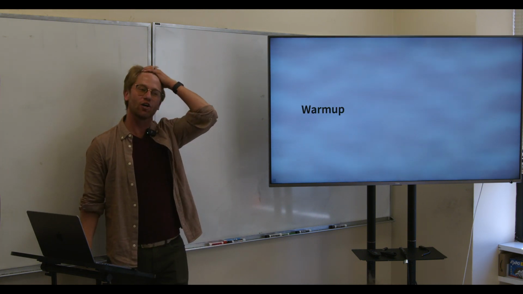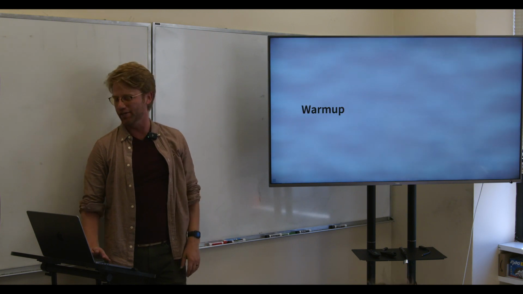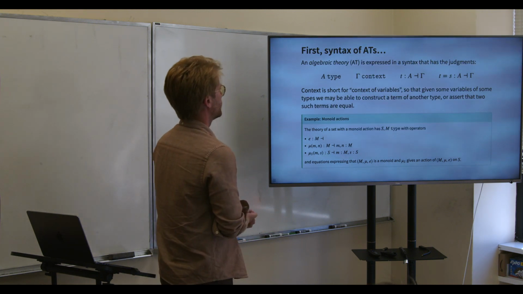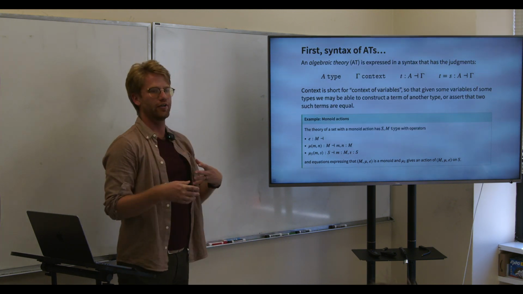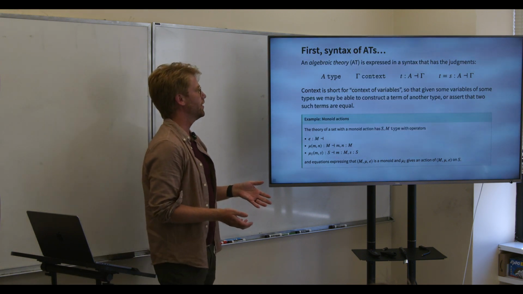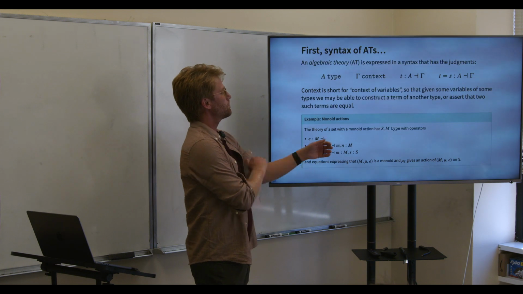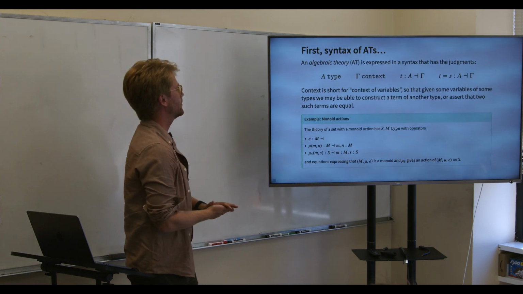OK, so a little warm-up will be more or less a review of Owen's seminar on algebraic theories from May. An algebraic theory, same thing as a Lawvere theory, ordinary finitary algebraic theory, has a syntax that looks like this.